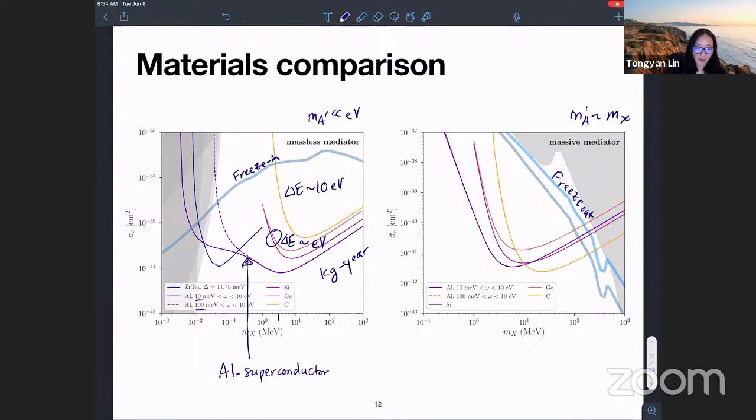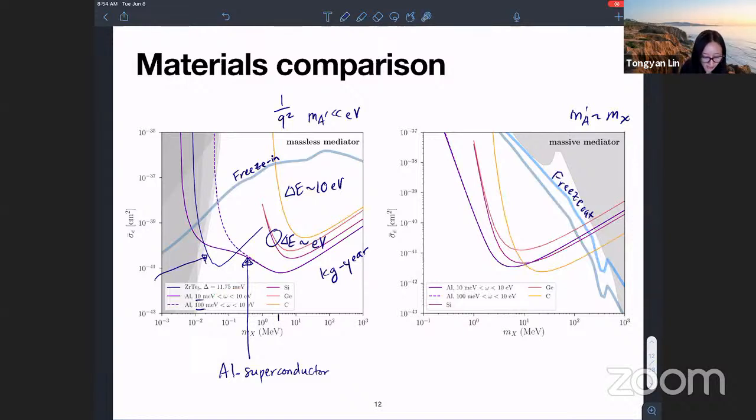So as you lower the gap, you can keep doing better and better, particularly for this massless mediator case, because remember, it's like a Coulomb potential, which is highly peaked at low momentum transfers. And so it's really beneficial to keep going lower. And then this one is another example, a more exotic material, the Dirac material, which also has a really low threshold to excitations.